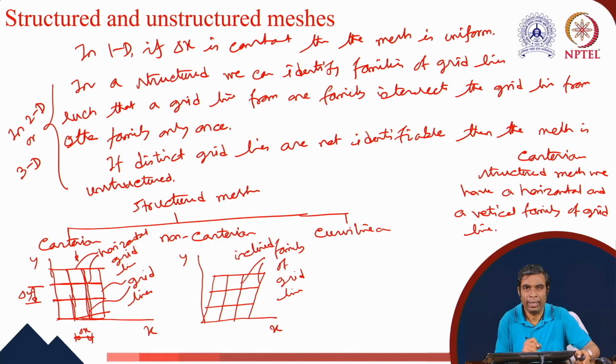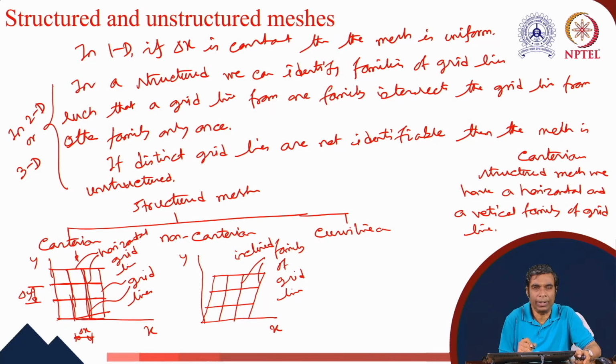Every grid line from one family cuts the grid line from the other family only one time, and we have one horizontal family of grid lines. Then we can find that these grid lines, both of them, are not aligned with the coordinate axis. The horizontal family of grid lines is parallel to the x-axis, but the inclined family of grid lines is not parallel to the y-axis, and because of that we say that this is not a Cartesian mesh.